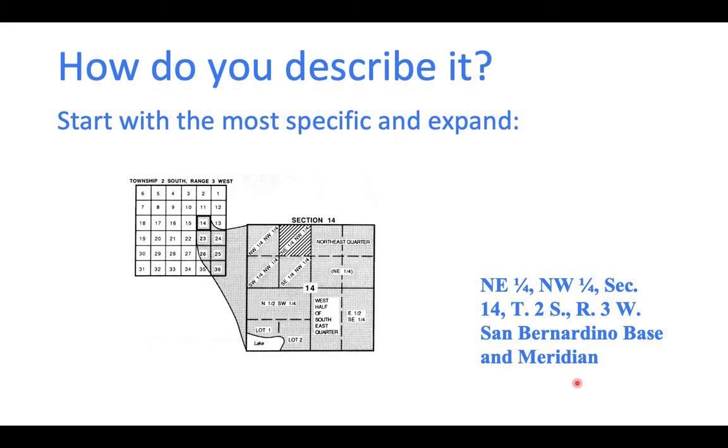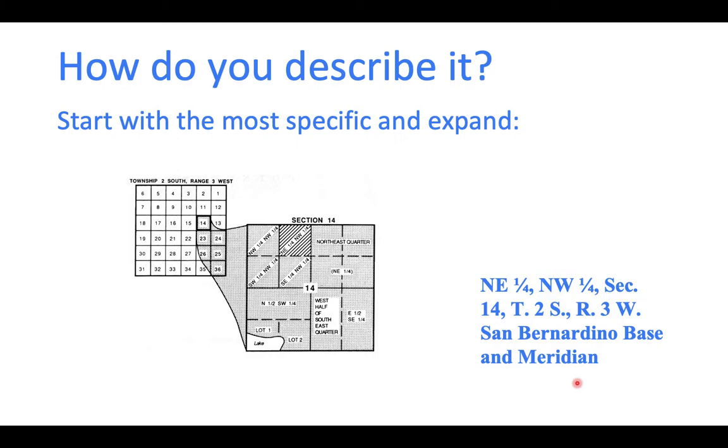And one thing too, as you're starting to locate this stuff. Let's say that I give you a map, and I ask you to tell me, what is this location in terms of township and range in this PLSS system?